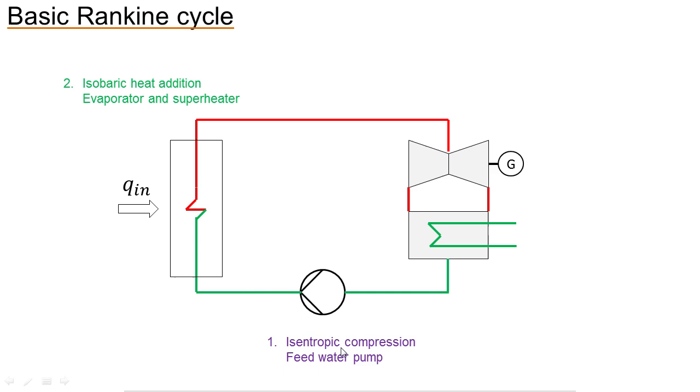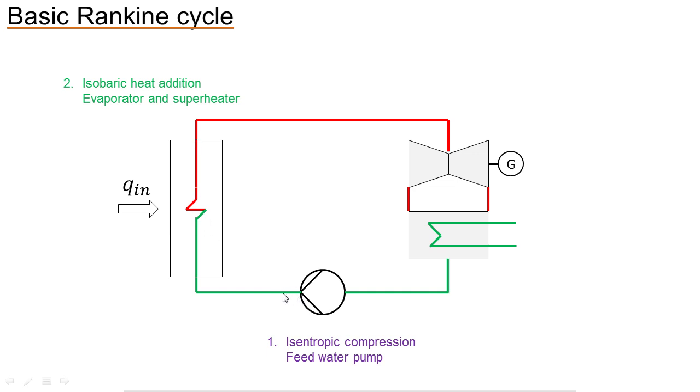Isentropic, I will tell you about later in detail. And isentropic means there's an insulation here and there's no heat exchange with the environment. This feed water pump is just adding the energy to pull up the pressure, and an isobaric process means we have the same pressure everywhere.